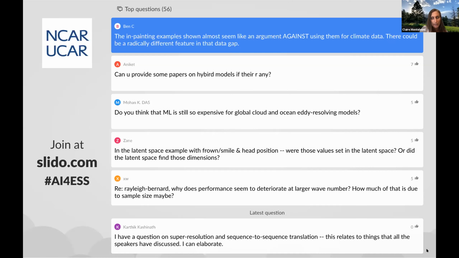Yeah, I didn't mention inpainting directly. I mentioned super resolution. So not all the things coming out of computer vision are necessarily going to be directly applicable here, where we have much finer scale processes that we don't want to abstract away from.